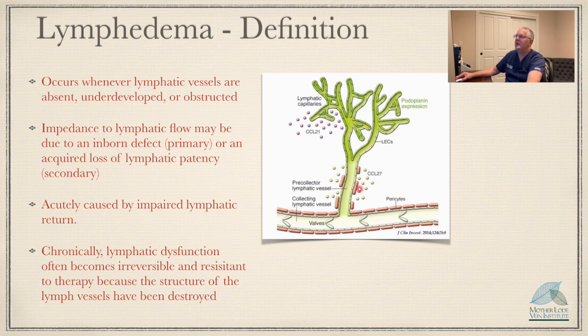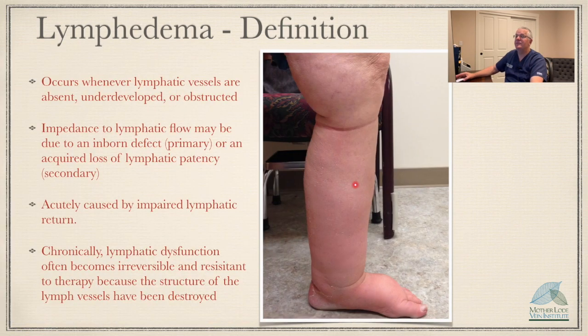When they become damaged because of infection or inflammation of any kind, whether it be surgery, cellulitis, infection, trauma, or venous reflux, and they don't work properly, then you end up with lymphedema. You end up with fluid in the legs as a result of damage to these lymphatic vessels. And this is definitely more advanced than just a small amount of lymphedema.